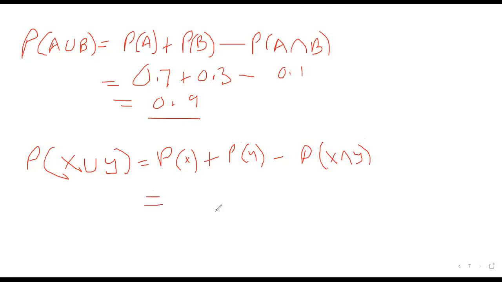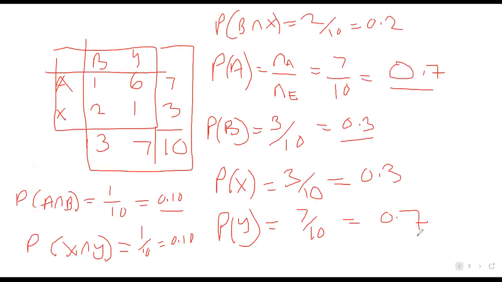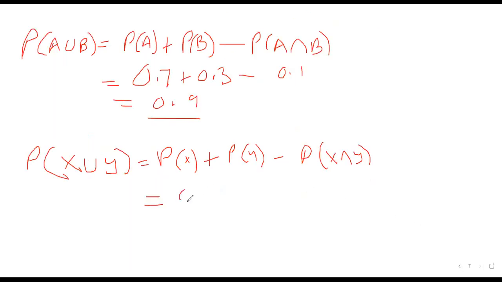So the probability of X we had was 0.3 and Y is 0.7, and the intersection is 0.1. Coincidentally, they are the same. It's not always that they have to be the same, but that's what we are having there.